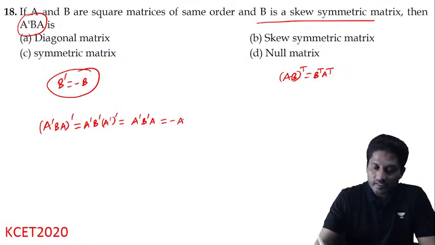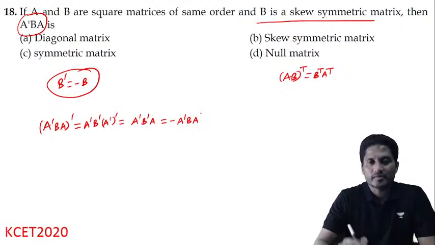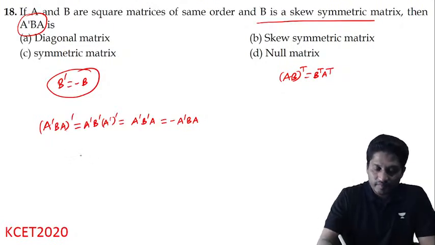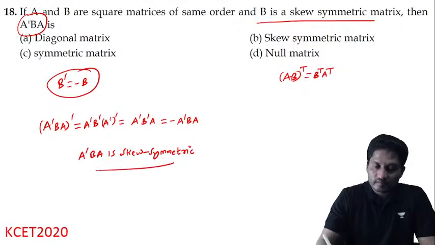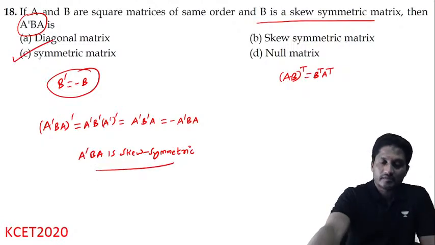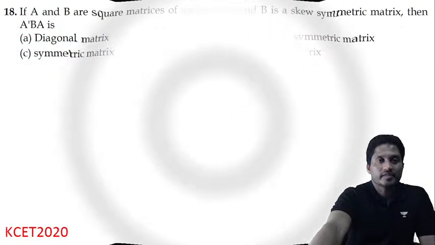So this is minus A dash B A. So I'm getting the negative of the same matrix. If it is negative of its own matrix, then A dash B A is skew symmetric. Obviously this is skew symmetric. Alright, answer is option C. Let's move to the next question.